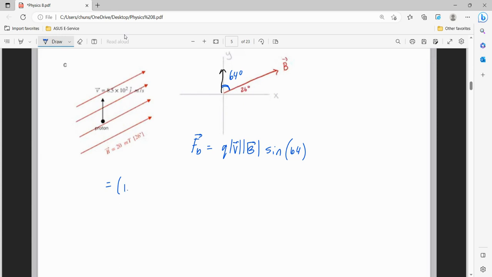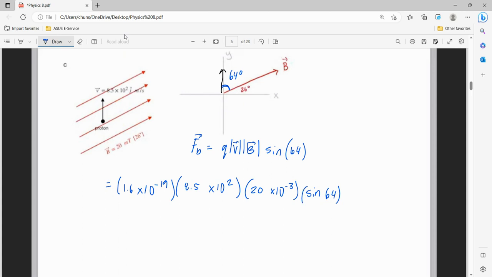So we have a proton, so that's 1.6 times 10 to the negative 19. Velocity is 8.5 times 10 to the 2 meters per second. We have 20 times 10 to the negative 3 Teslas. Sine 64, and we want to find the direction.